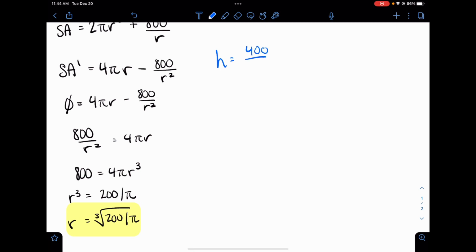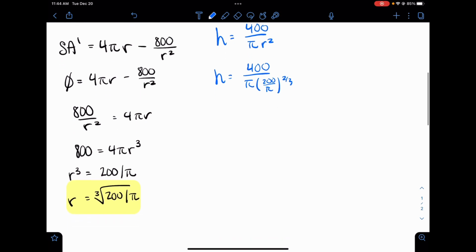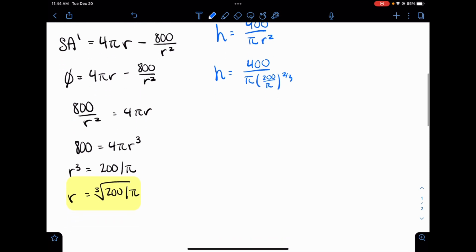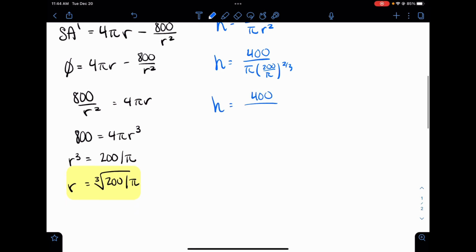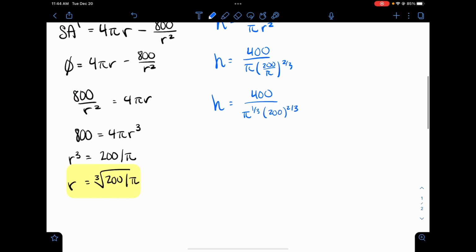So if we go back to the height equation that we made, we have h equals 400 over pi r squared, and if you plug in, you're going to get 400 over pi times 200 over pi to the 2/3. And we can simplify this a few steps. If you get h equals 400, simplify the pi, you're going to get pi to the 1/3 times 200 to the 2/3.